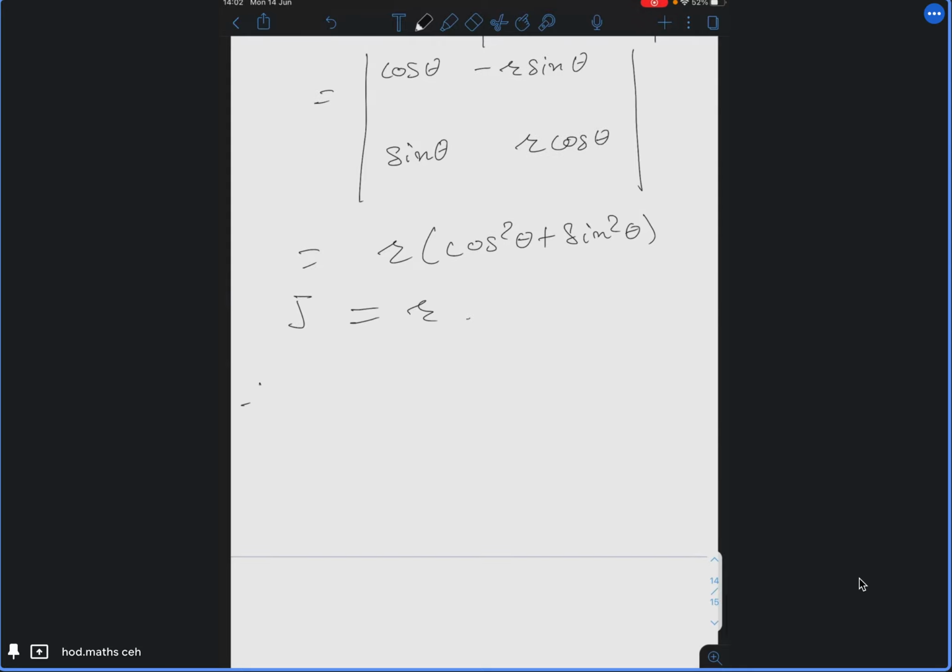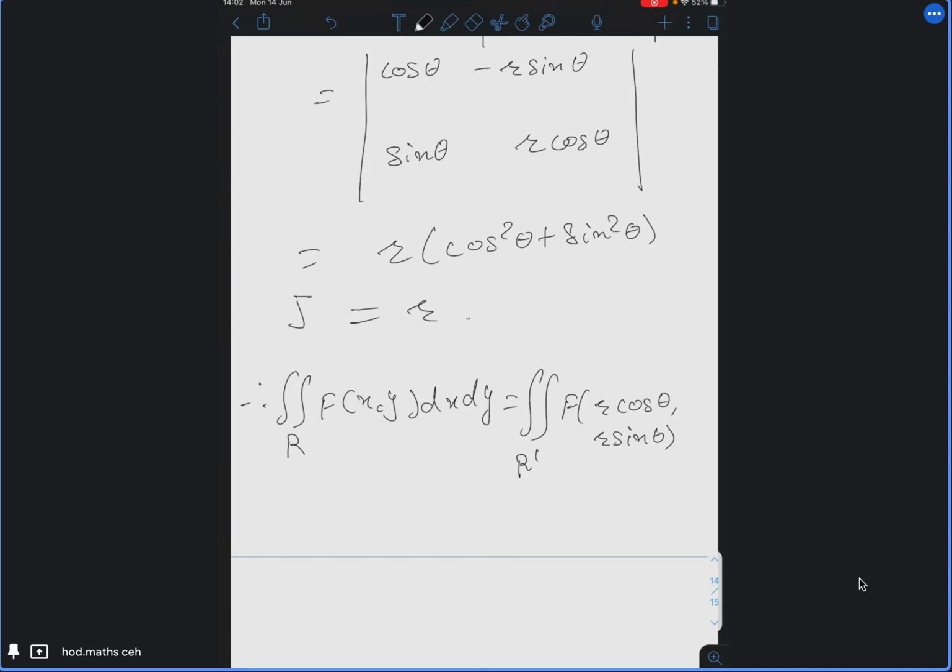So therefore, our double integral of f of x comma y dx dy will be equal to the double integral over some new region of f of r cos theta, r sin theta. In place of x I have substituted r cos theta, and in place of y I have substituted r sin theta.